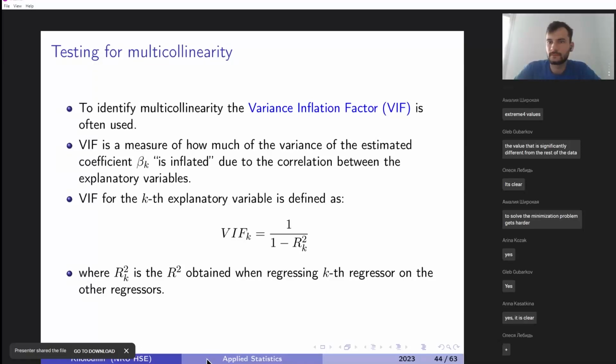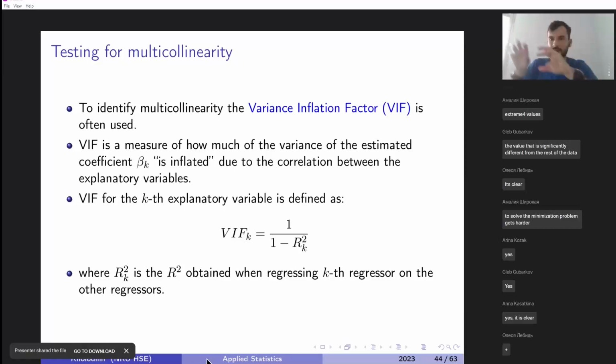Okay, then I have to ask you to imagine, you remember that our model is y equals beta 0 plus beta 1 x1 plus beta 2 x2, and then beta 3, beta 4, and now you can rewrite, for example, x1 as a linear combination of x2 and x3, so that x1 is equal, for example, to alpha 1 x2 plus alpha 2 x3.